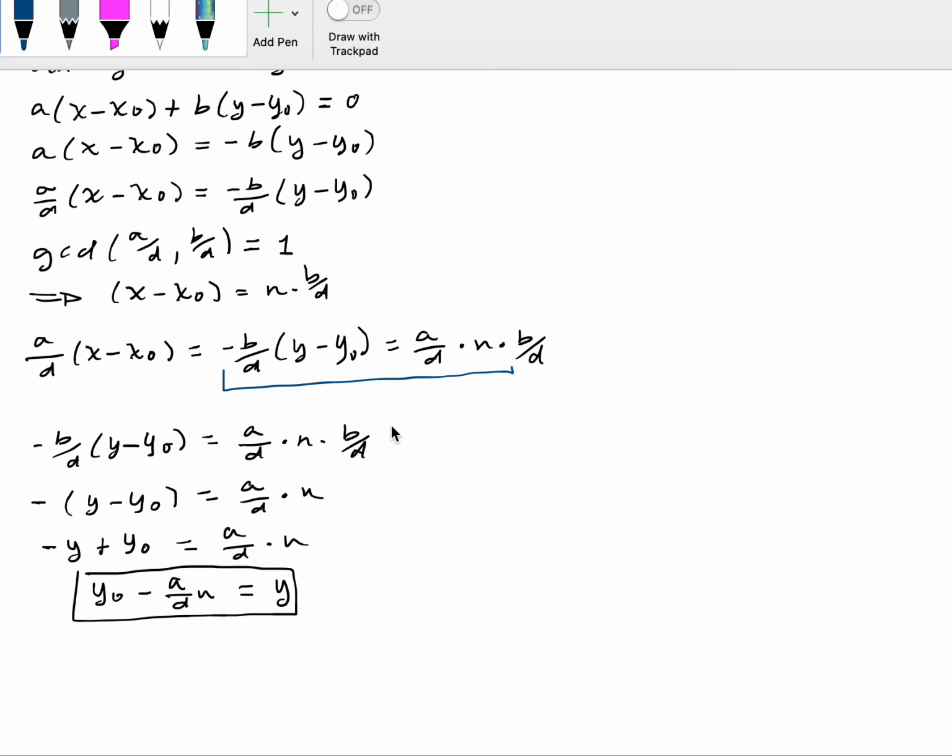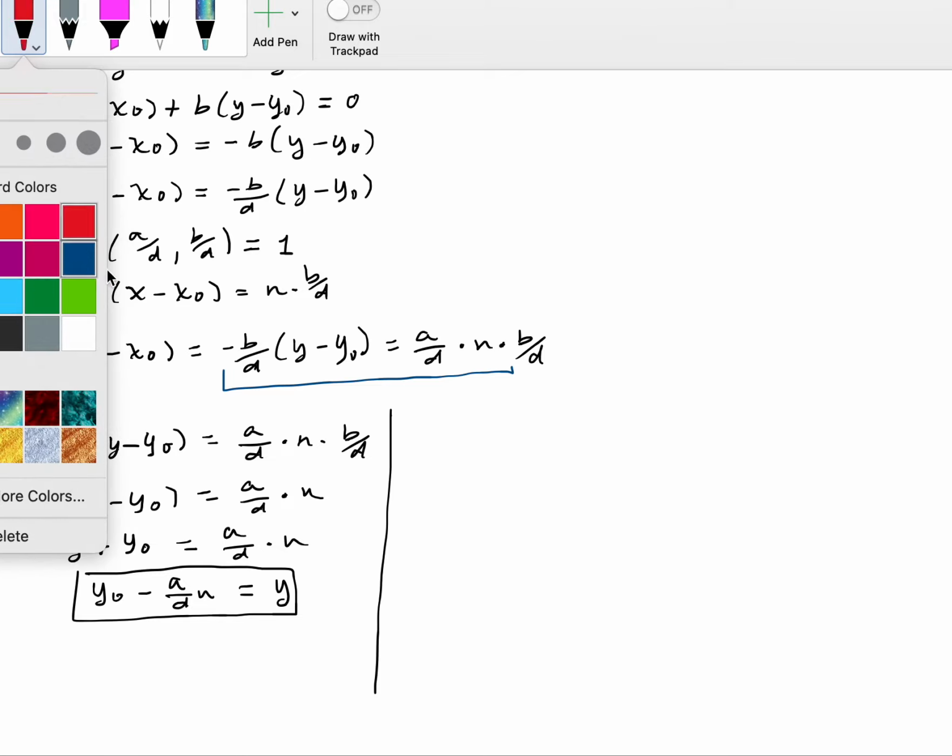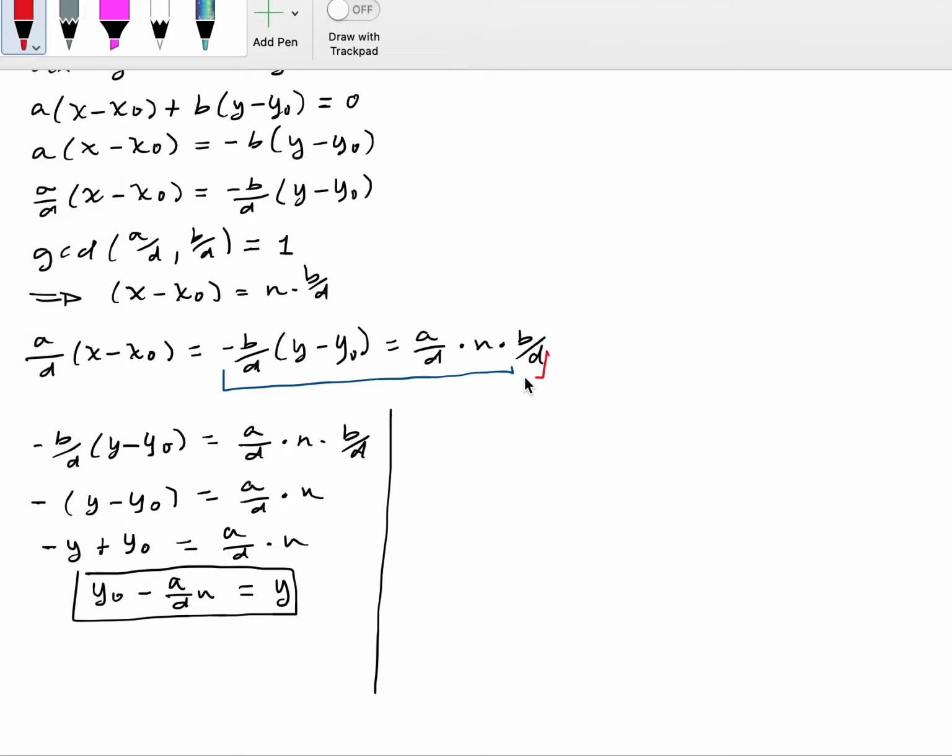The same logic can be applied for x, the same tactic. Let's now look at the following piece, this piece and this piece over here. If we equate these two, we obtain a over d times (x minus x naught) equals a over d times n times b over d.